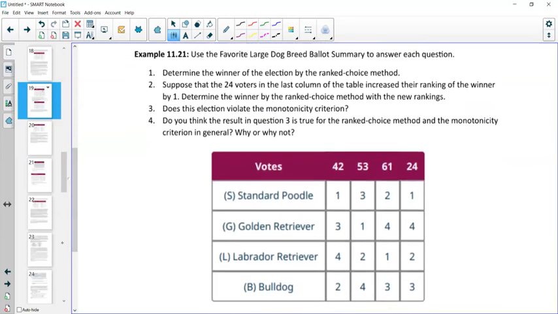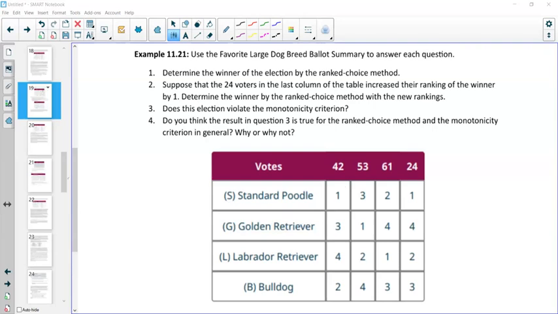So let's use our favorite large dog breed ballot summary to answer these questions. Determine the winner by ranked choice. Okay, ranked choice.